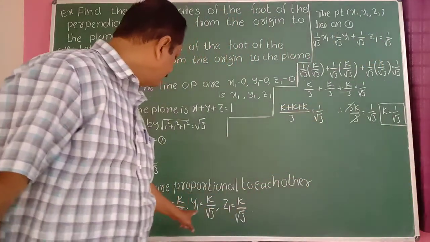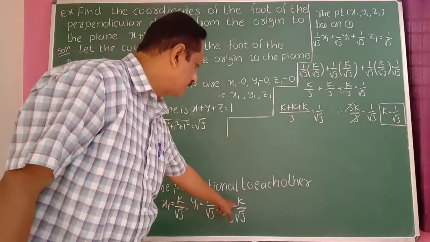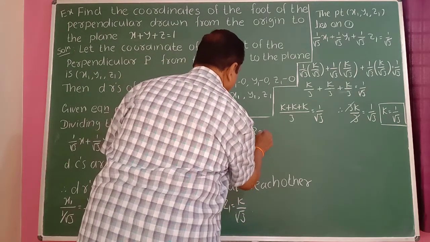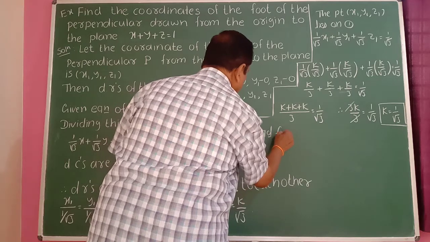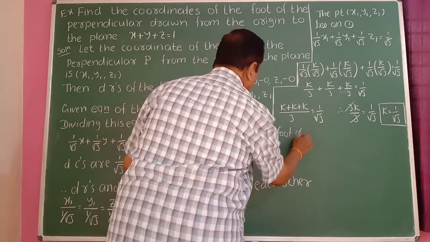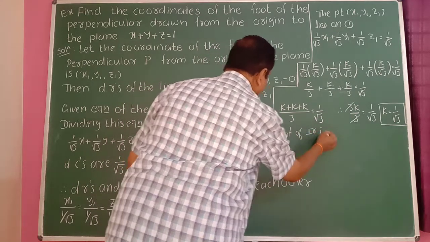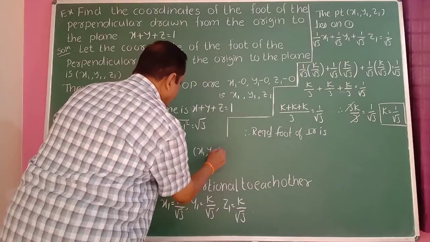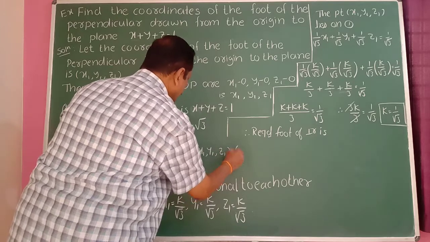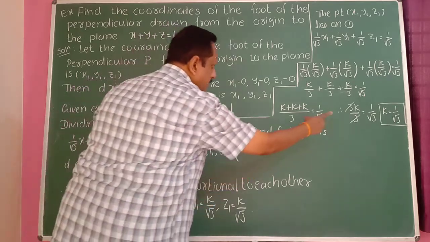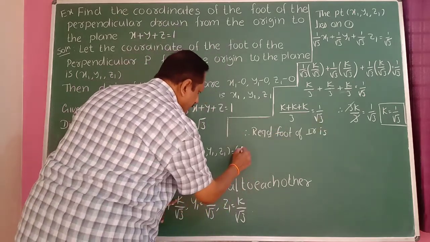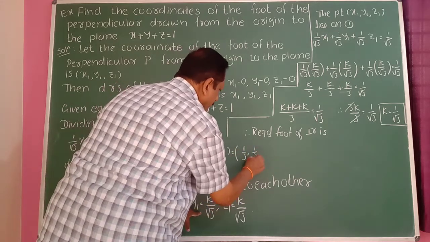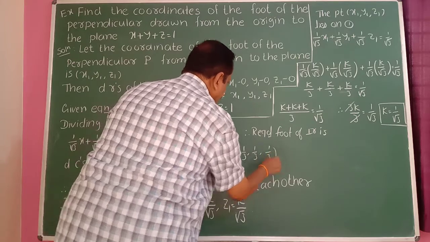Use that k value here, here and here. Therefore, the required foot of the perpendicular is x1, y1, z1 is equal to 1 by root 3 into 1 by root 3, which becomes 1 by 3, comma 1 by 3, comma 1 by 3.